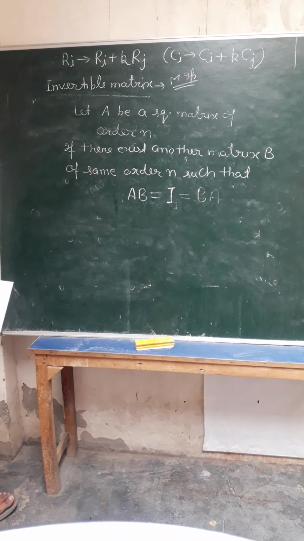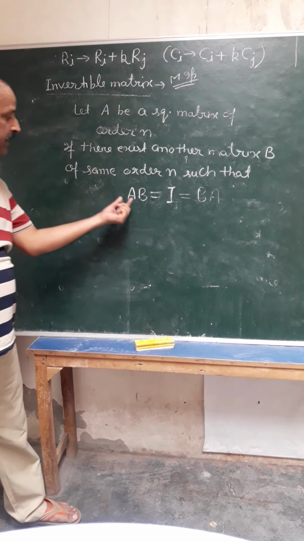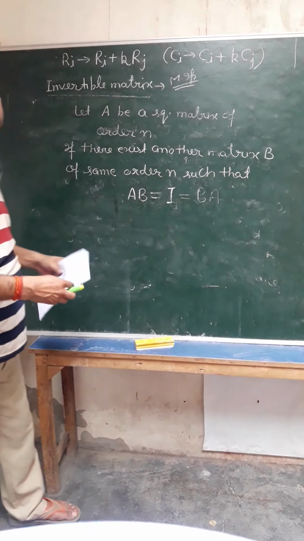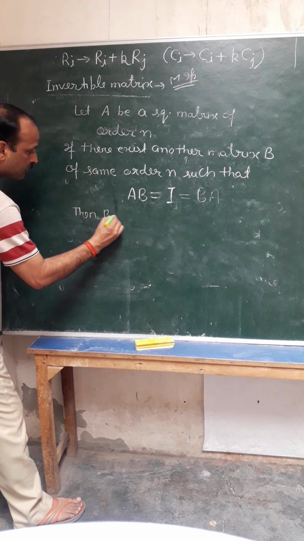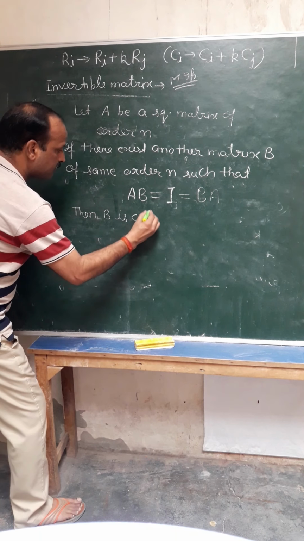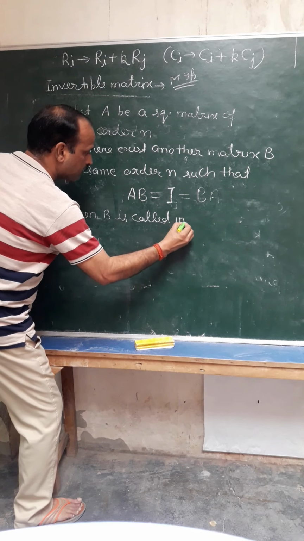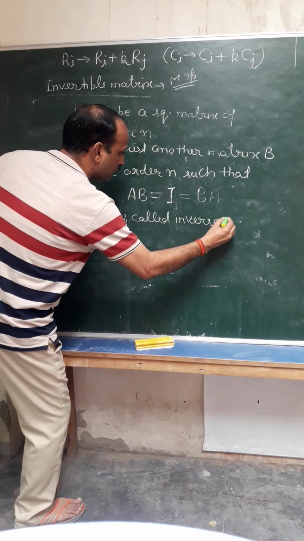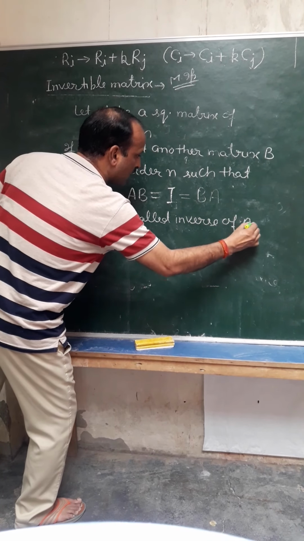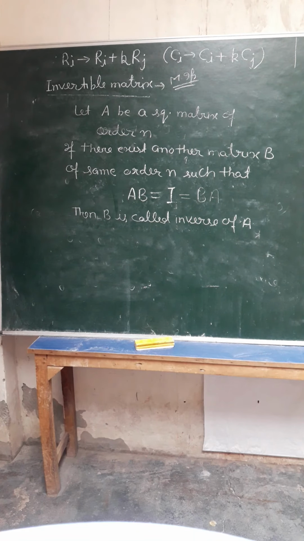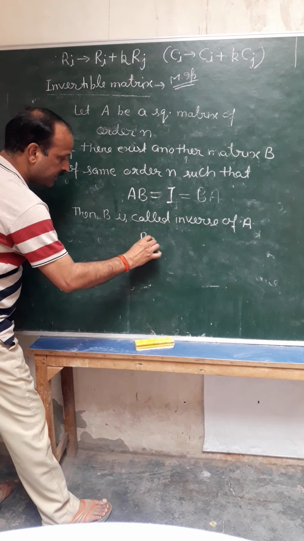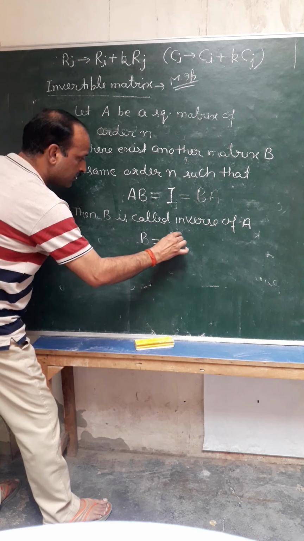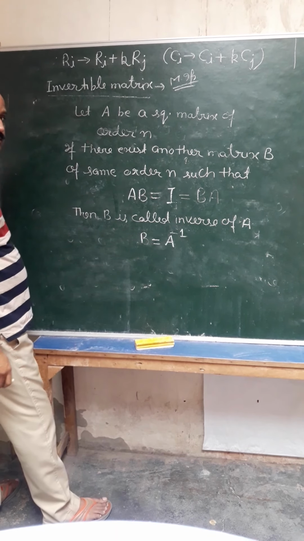When you multiply A and B and if you get the identity matrix, either you find AB or BA, then B is called the inverse of A, and we write it as B is equal to A inverse.